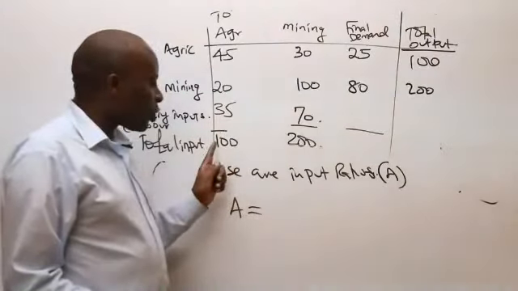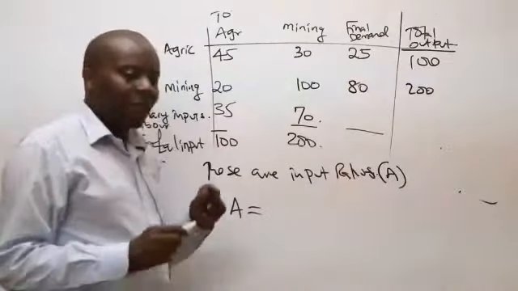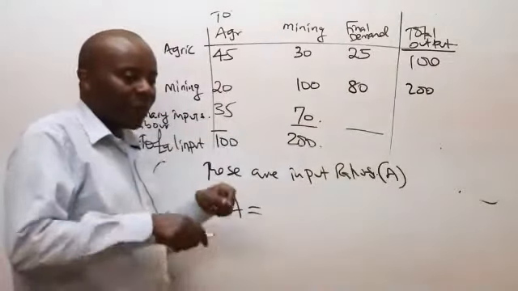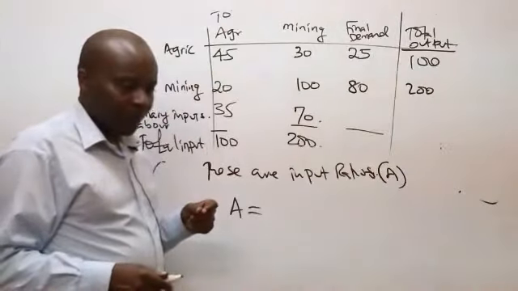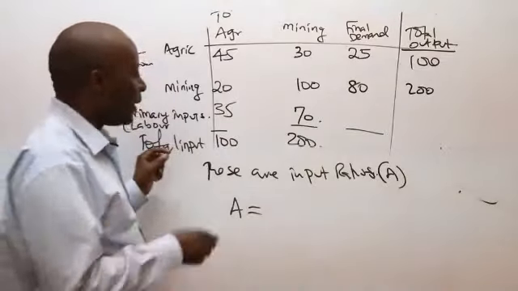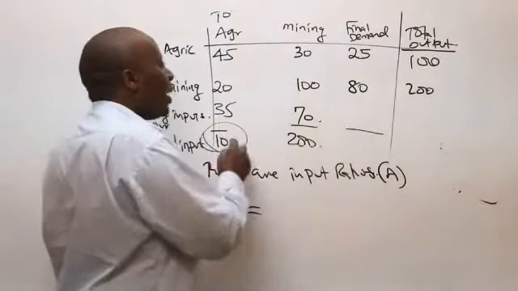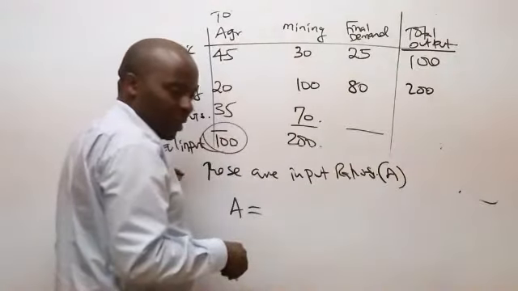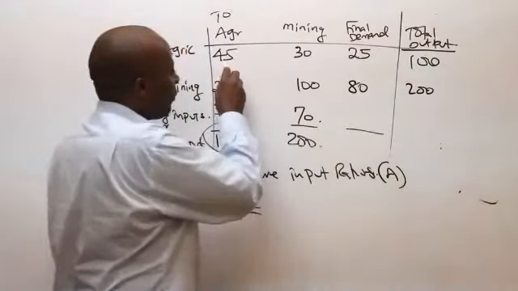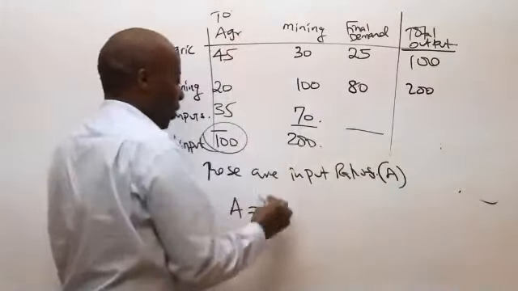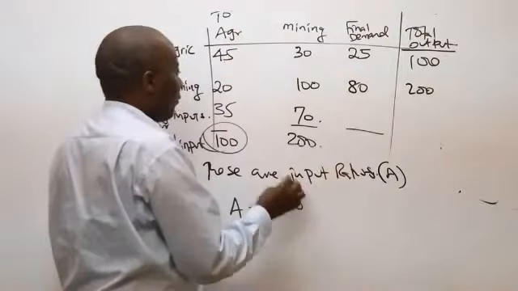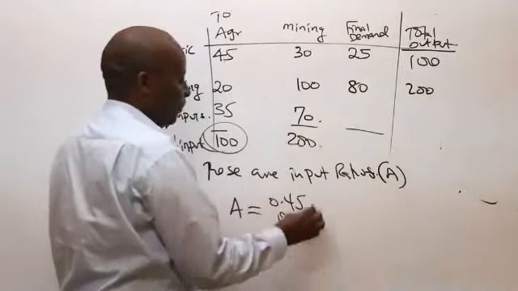Remember, we must first start by planting and then we harvest. So the input is a benchmark, and here we normally go down. Like now here we'll talk of 45. So the input ratios of agriculture will be 0.45 and 0.2.